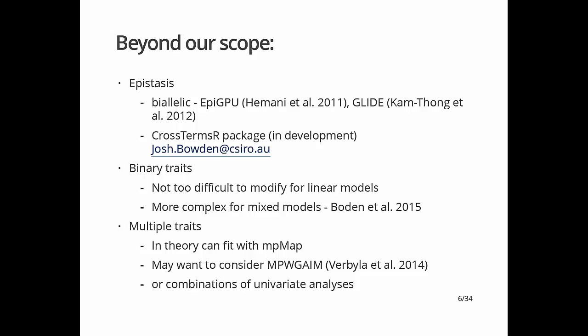And the upshot of it, I guess, is that it works pretty well, but it takes a very long time to fit, and you have to be very careful about the types of models you fit. So it's very computationally intensive, and it's quite complicated. The other thing you can do is try and combine univariate analyses, which may provide you just as much power, although it may not provide you quite as much information as you want.